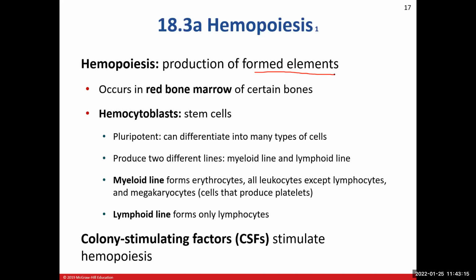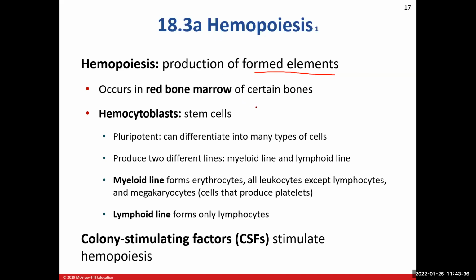So like the vertebrae, the skull, the cranial bones, and then the proximal epiphysis of the humerus and the femur are usually going to be the places where we get hemopoiesis occurring.